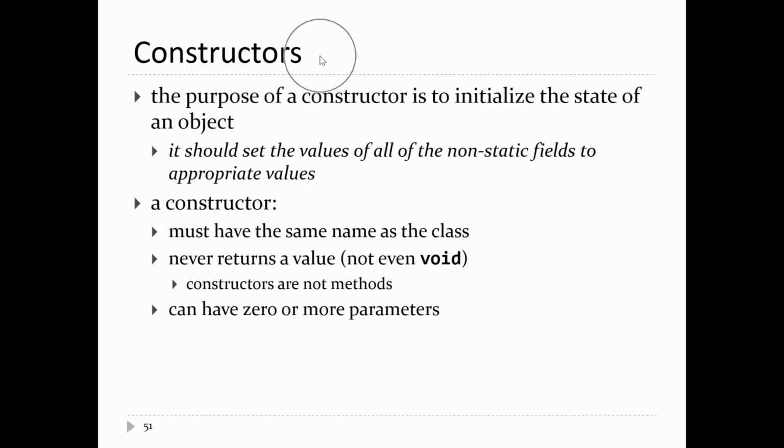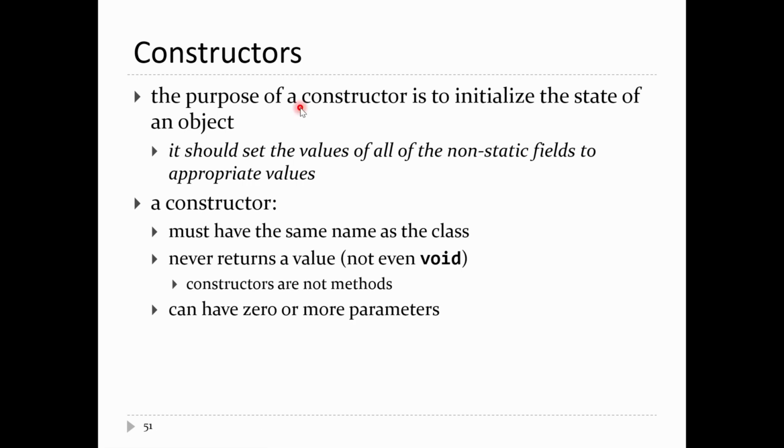Okay, so I guess we should start at the very beginning. So we've got fields. The next thing you normally want to do is implement a constructor. So remember what constructors do. When do you use a constructor? Well, you always use it with new. There's no other place you can use a constructor. You can't call a constructor without using new.